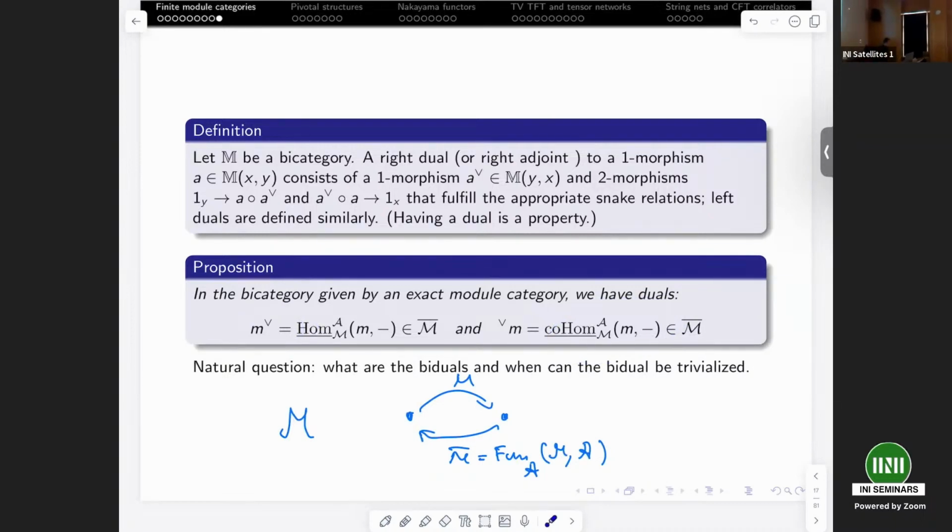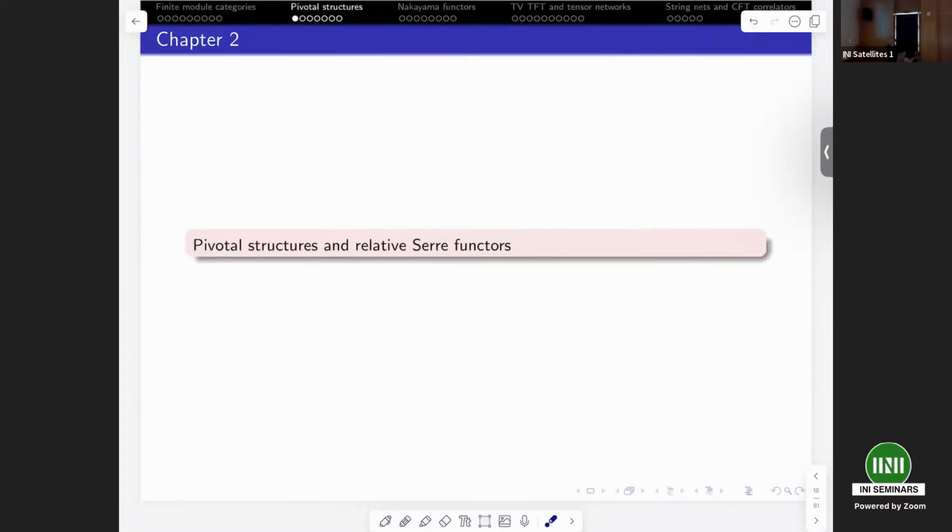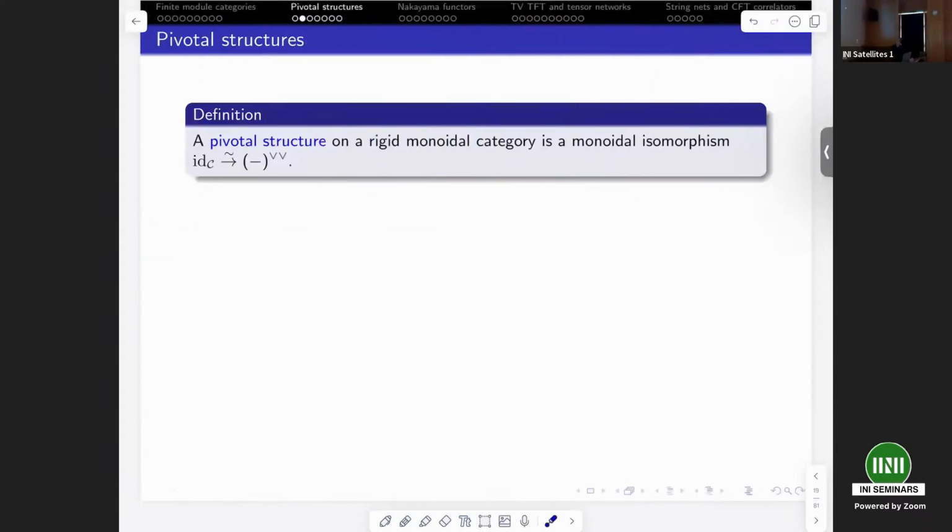Good. So this was laying the very basic ground. And I now want to put more structure on it. I want to put on this a pivotal structure. Actually, let me explain what a pivotal structure is and let me motivate it. So a pivotal structure on a rigid category is a trivialization of the bidual. So finite dimensional vector spaces famously have this.